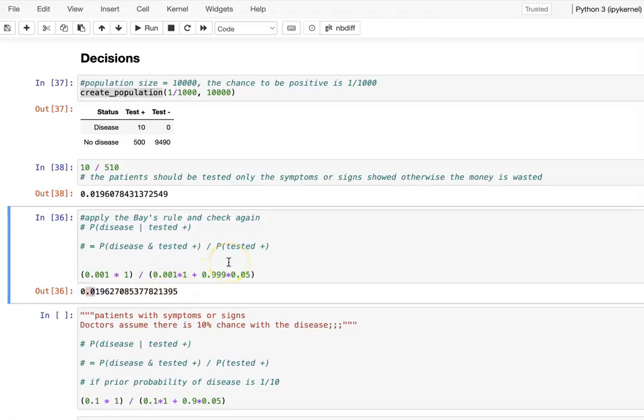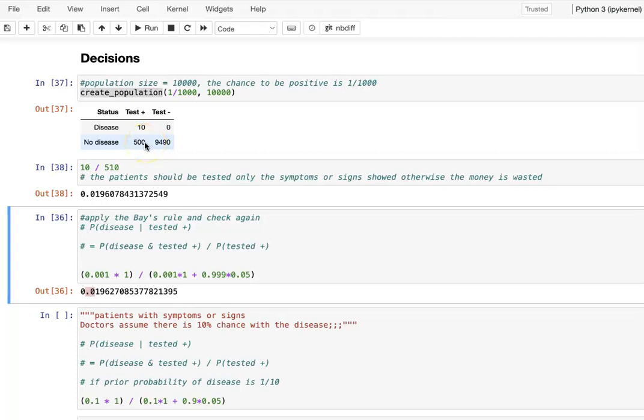In this example, even if you test positive, it can be wrong. Even if you are healthy, when so many healthy people go to do the test, the test does have a 5% error. So we find out that even if you don't have the disease but test positive, there are 500 people like that.